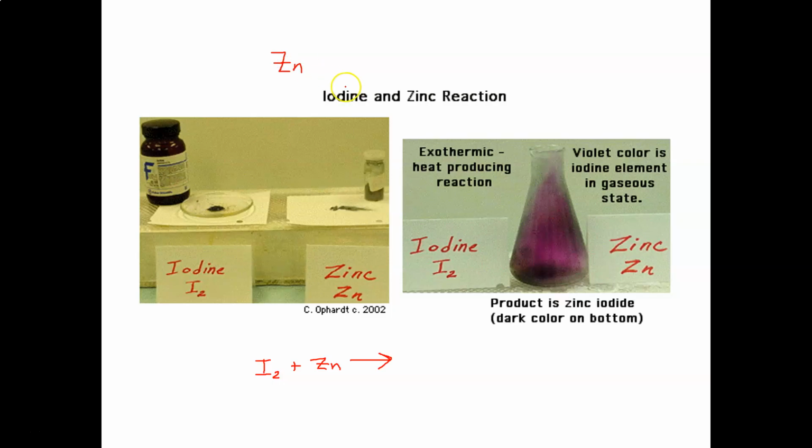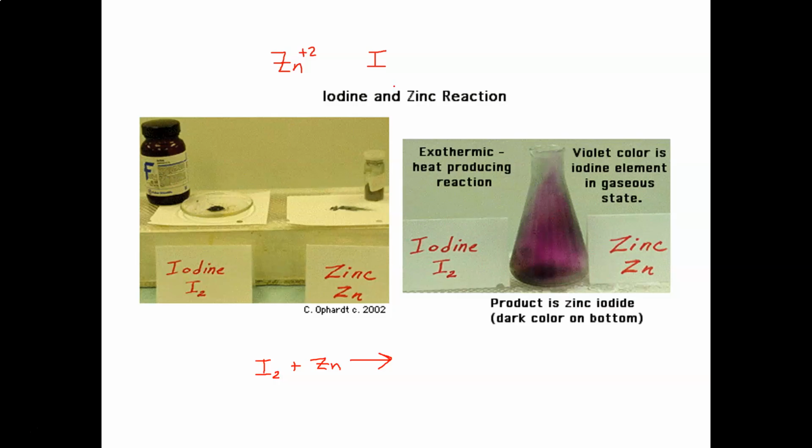Zinc's the metal. Metals are always positive of some kind, and zinc is one of those that I had to memorize as always being positive 2. Iodine, now notice I'm not going to write the 2 with the iodine, because I just want to figure out what iodine by itself's charge is.